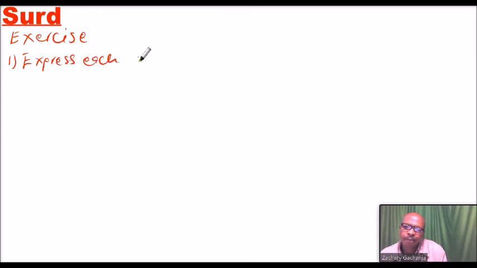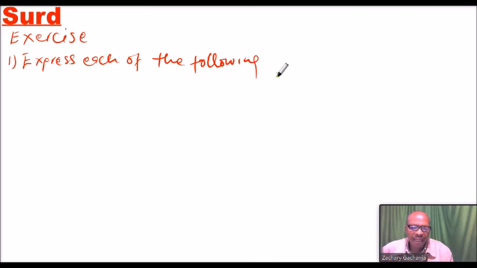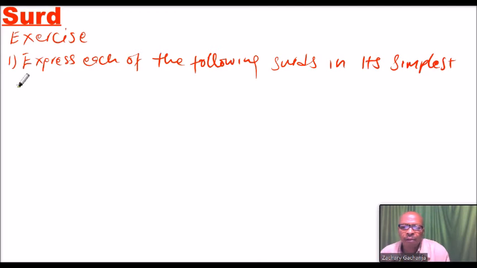surds in its simplest form. So we have A. The first one is root 8.